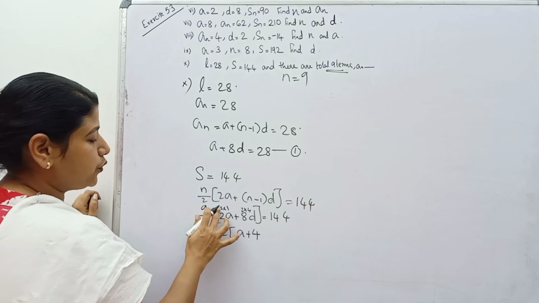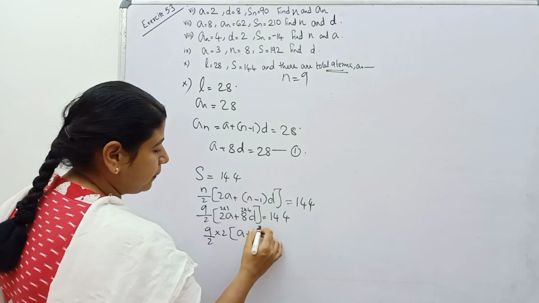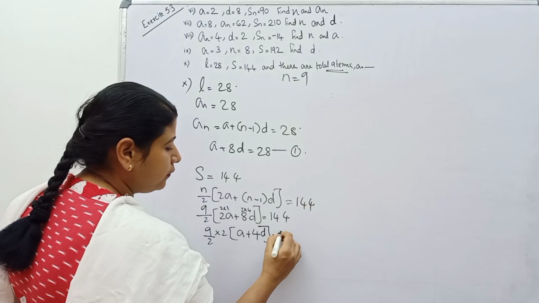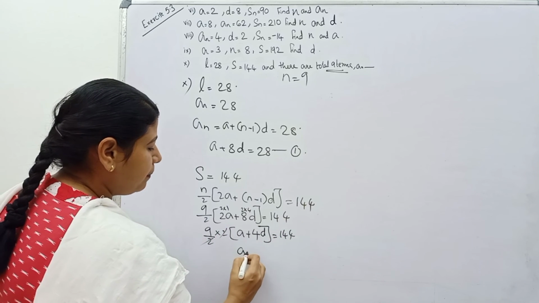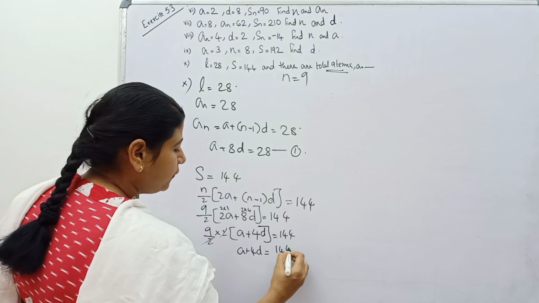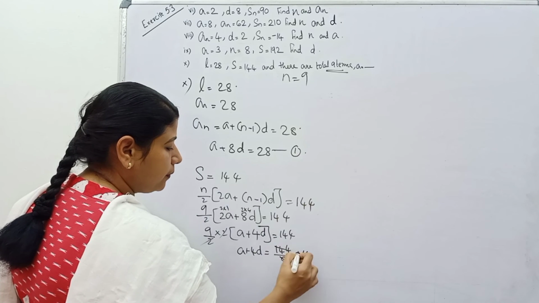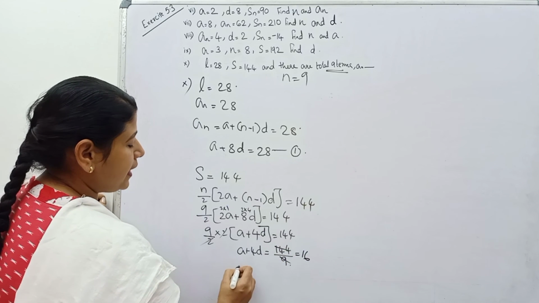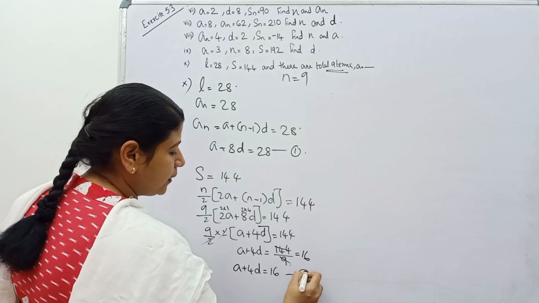If you take 2 out, you have 4 remaining. 4d equal to 144. So these 2 get cancelled, and 9 into a plus 4d equal to 144. So a plus 4d equal to 144 by 9, which is 16. That means a plus 4d equal to 16. This is the second equation.